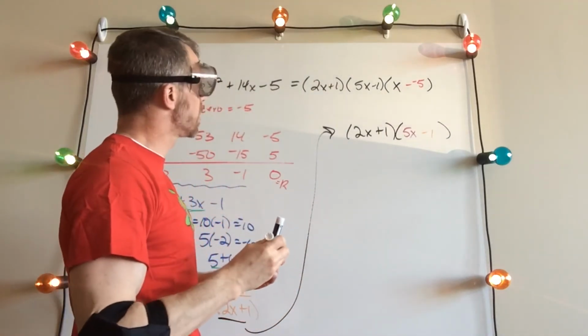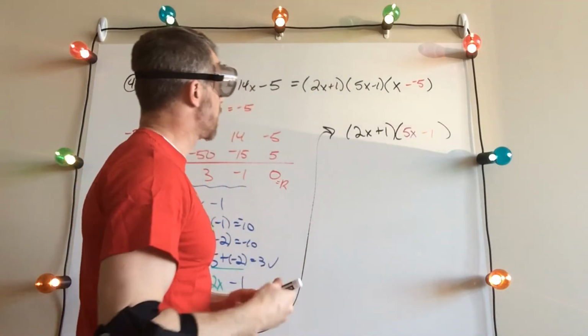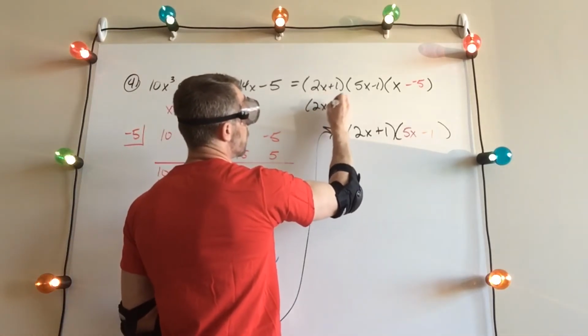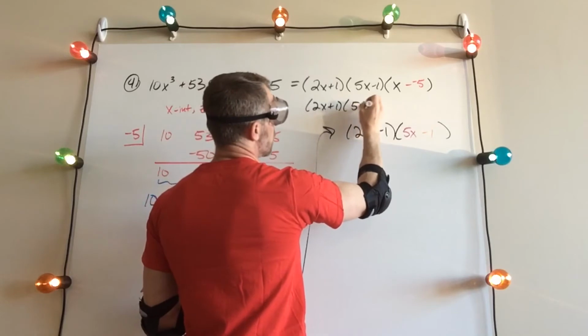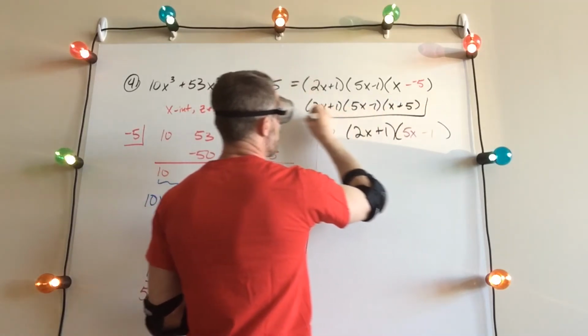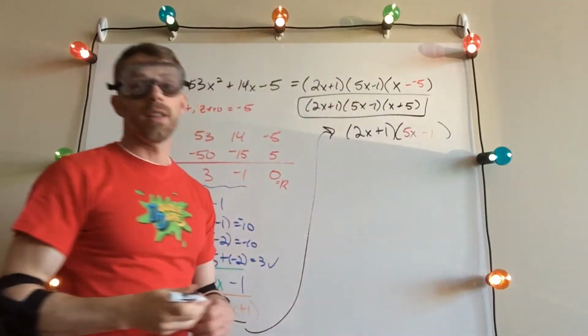All right, that x minus negative 5. And then again, that minus and negative is going to turn into a positive. And there we go.